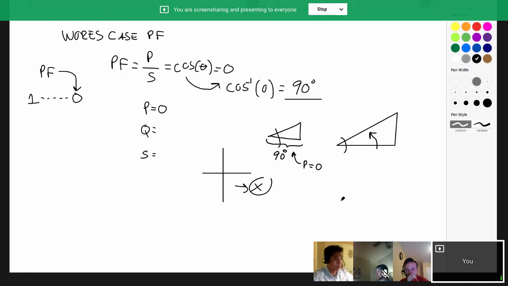So now we literally have a straight line to where our P equals 0, right? That would be that horizontal component if we had it. We know that this is our apparent power complex vector. Here's our apparent power magnitude. What would this be?